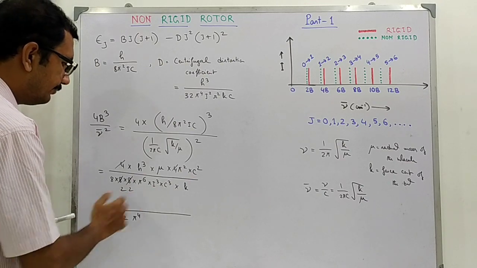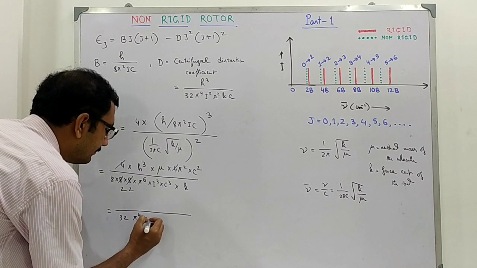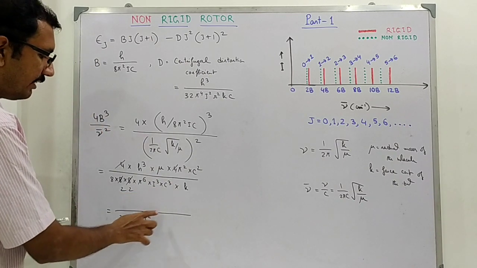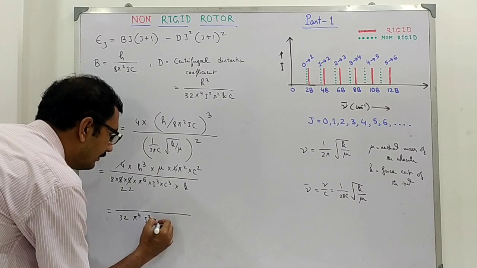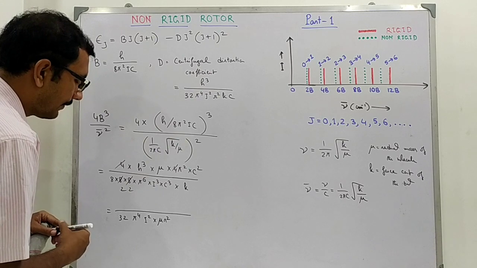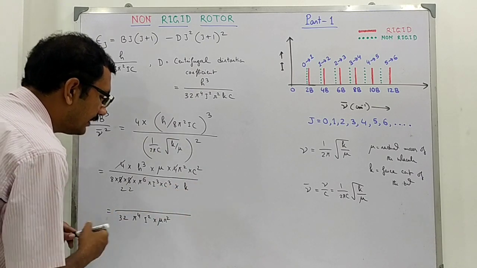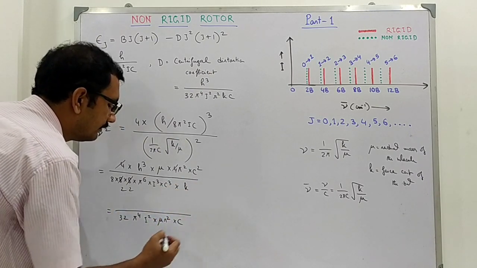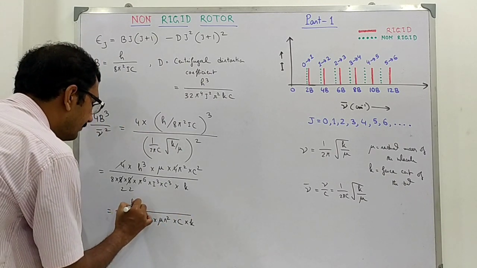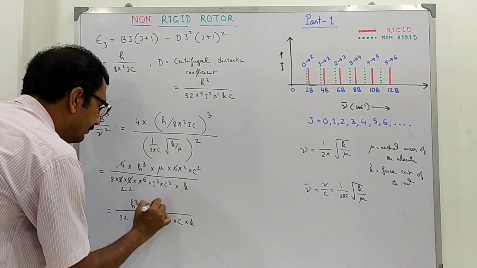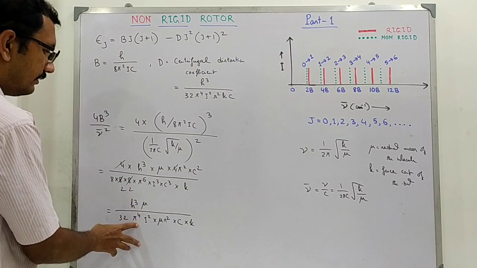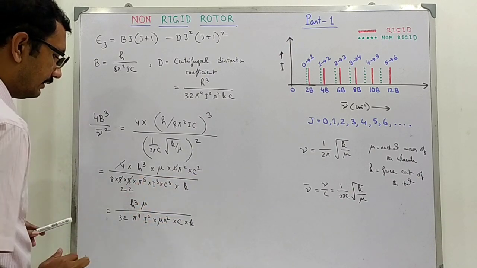See, here it is I cube, we are splitting it in the form of I square into I, and I is mu r square that I have expressed earlier, and this c square and c cube will cancel, and we will have a c here and a k here, and in the numerator we will have h cube mu, and pi square and pi to the power 6 I have cancelled earlier, c square c cube I have cancelled earlier.